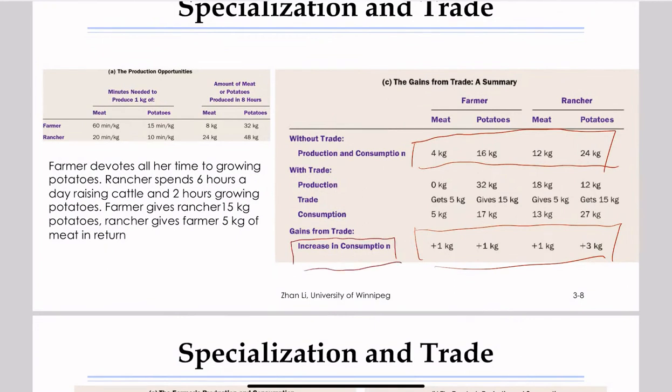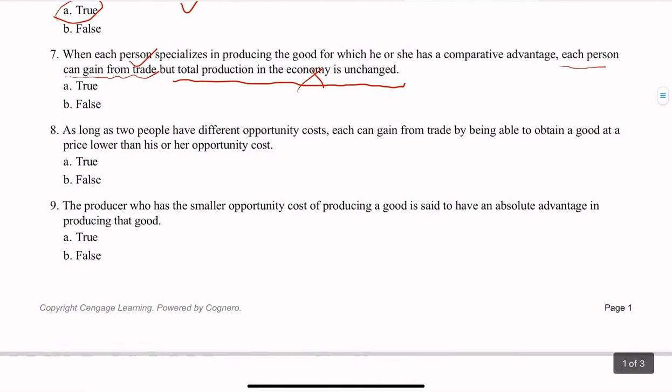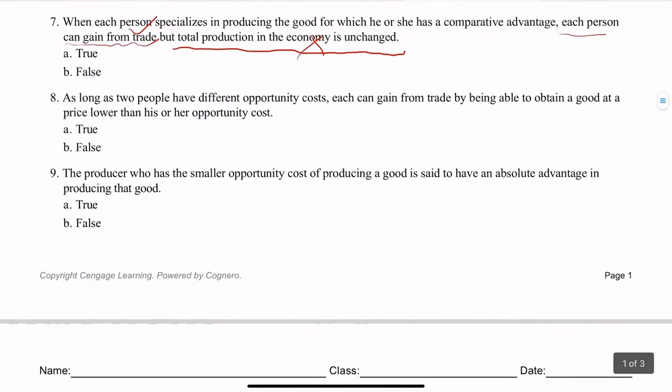So essentially it means that the total production of meat and the total production of potatoes, they both have increased. So this implies you should choose false for this seventh statement.